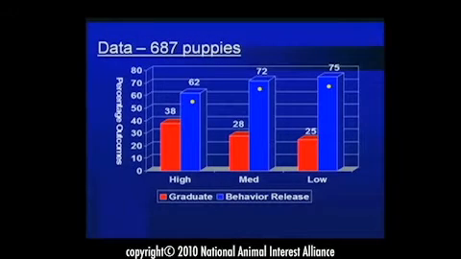Then, if you look at the graduation numbers of the sample set we used in the experiment, this was really a shocker. The highly supplemented dogs succeeded at 38%, the medium 28%, and the low 25%, across parities I should say. And if you look at the failures, you see the opposite: 62% failure for the highly supplemented, 75% for the low.